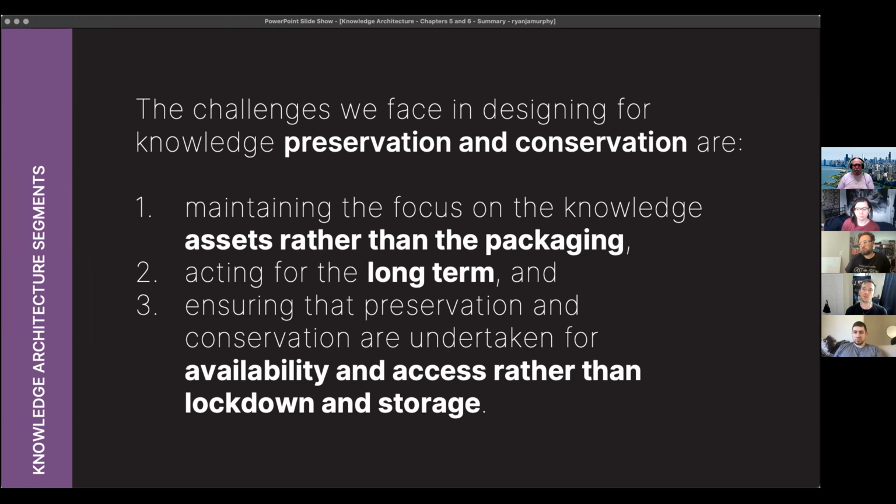In this section, what I think she's trying to get us to do is look at the content, such a loaded word, but the knowledge itself, instead of how it's packaged, because we tend to think, in information management terms, of lockdown and storage and physical accessibility and packaging, as she's calling it here, as deeply tied to the piece of knowledge.